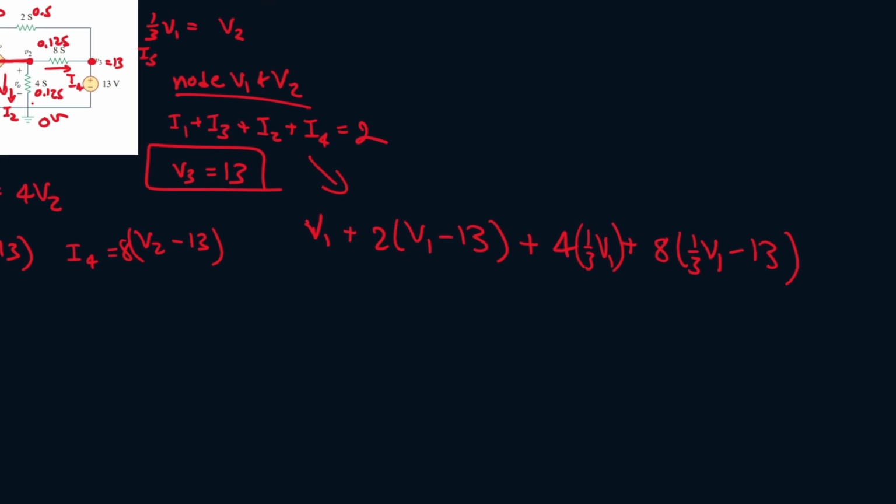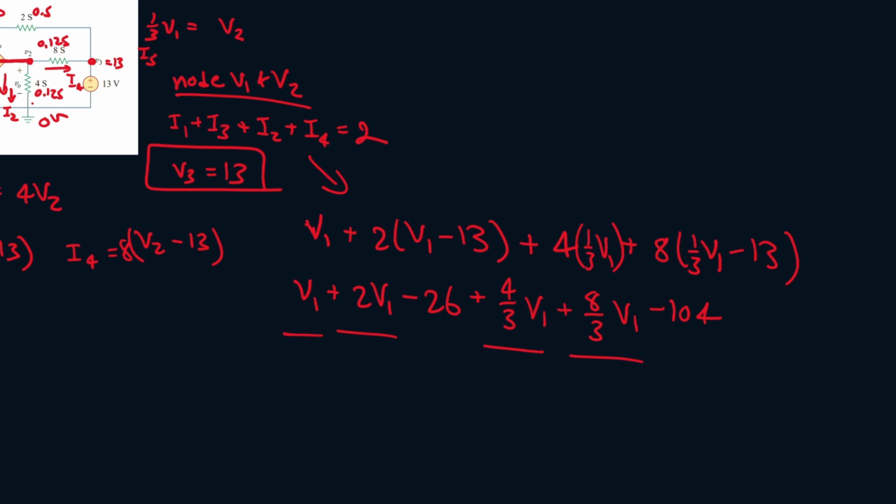Okay, so now let's take care of this more. Minus 2 times minus 13, that's minus 26. Plus 4 over 3 V1. Plus 8 over 3 V1. Minus 8 times minus 13. That's minus 104. Let's collect like terms.